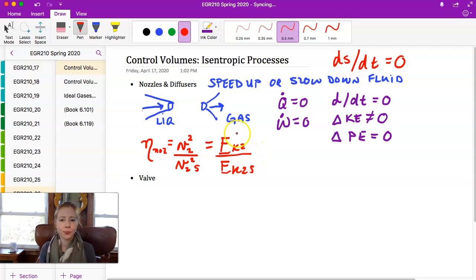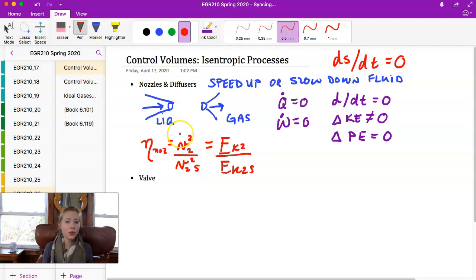All right, so the idea is with efficiency, we're looking at a fraction, some proportion from 0 to 1 or from 0 to 100%. So it's going to be real over ideal is what we're comparing. And so the real outlet velocity, the actual observed outlet velocity, compared to what the outlet velocity would be for an isentropic process. So if our change in entropy were 0, what would that velocity look like?